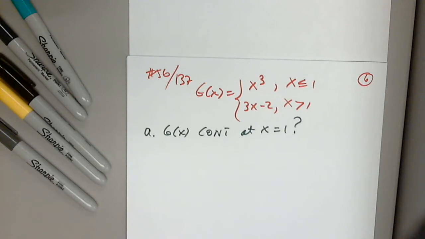Would you agree that x cubed is always continuous and 3x minus 2 is always continuous? Why? Because they are what type of functions? Polynomial. Excellent. But I don't know if this function is continuous at 1. How do I check? What do I have to write and determine before I conclude yes or no?